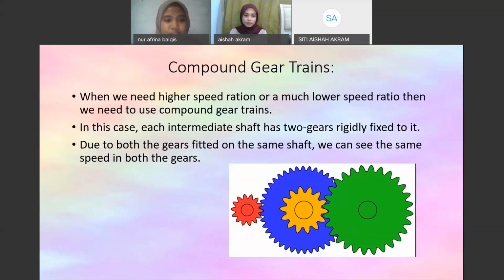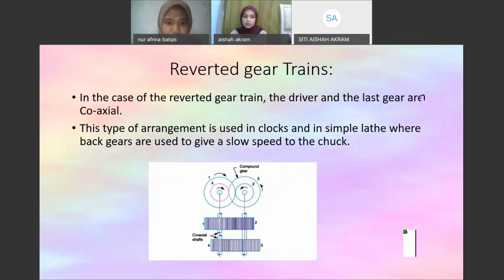In this case, each intermediate shaft has two gears rigidly fixed to it. Because both gears are fitted on the same shaft, we can see the same speed in both gears. We can see the picture in the slide.